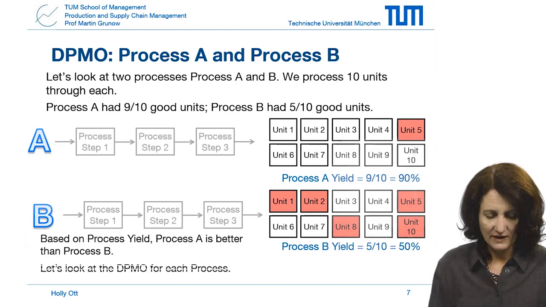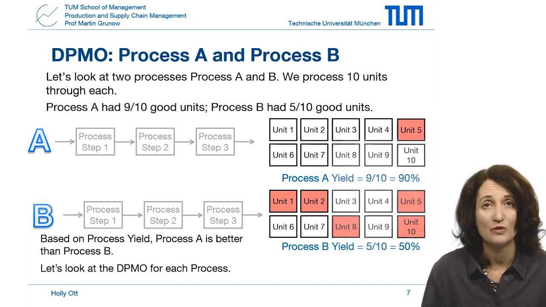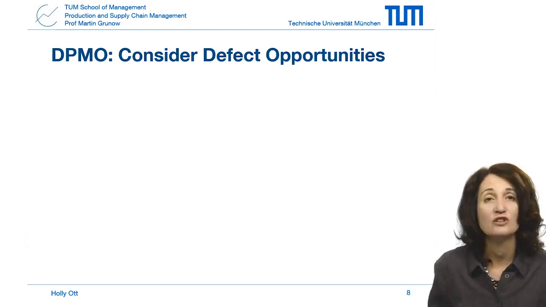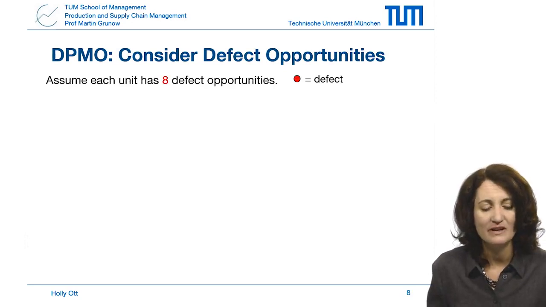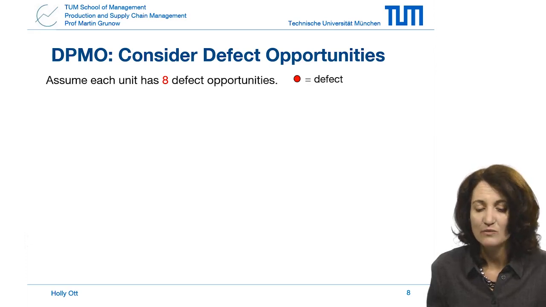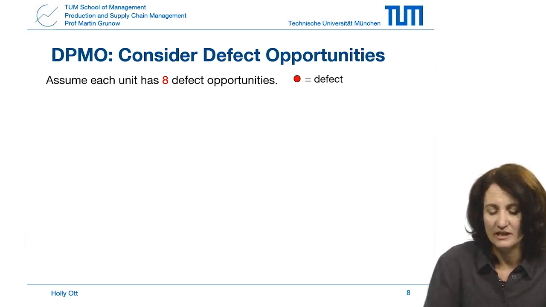Let's look now, though, at the DPMO for each of these processes. And now we have to introduce actual defects. So each unit has 8 defect opportunities. And we indicate a defect by this little red dot here.